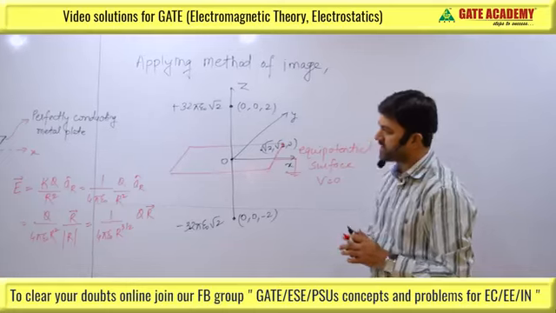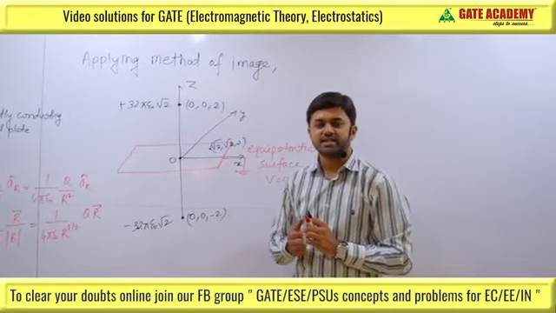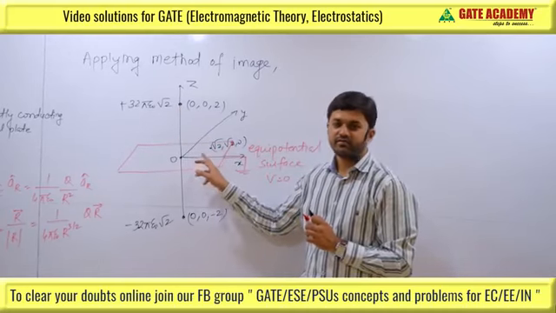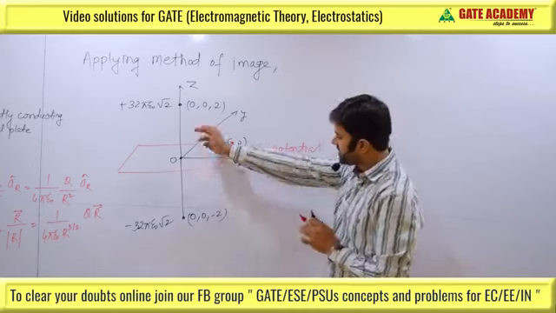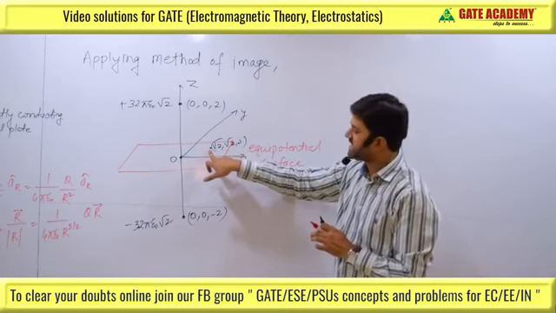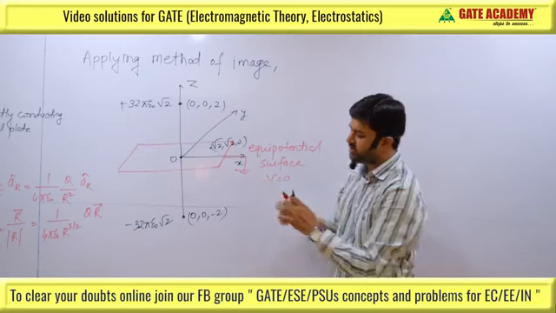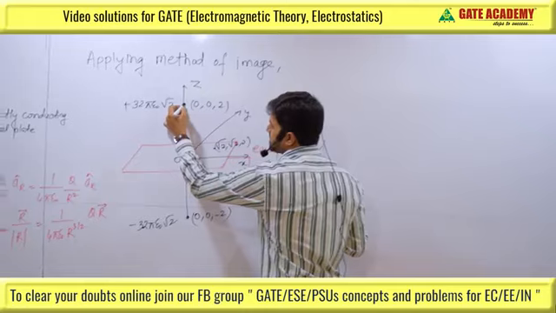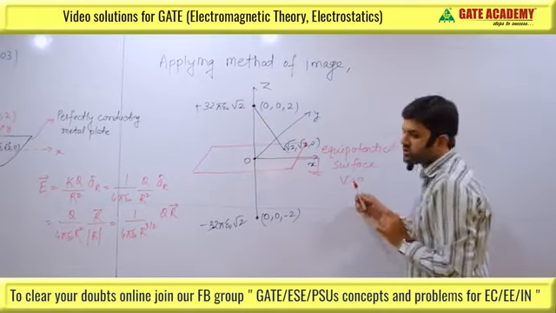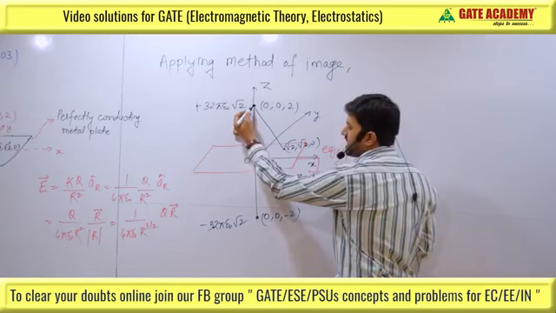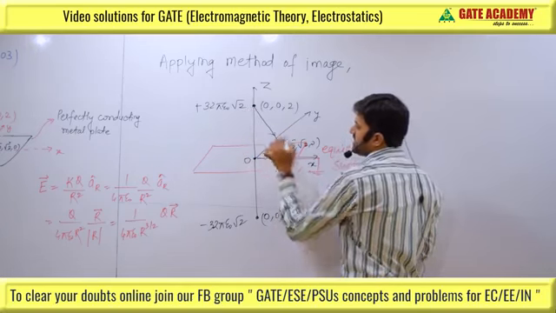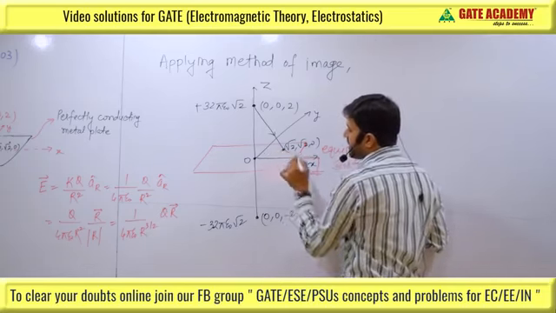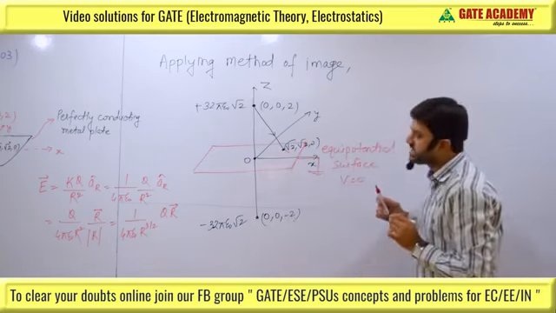Now what is the displacement vector? The displacement vector is the displacement from one point to another with respect to origin. So if we have to calculate the electric field intensity at (root 2, root 2, 0), we should join a line from the charge to the point of interest. So this will be our final point and this will be our initial point.